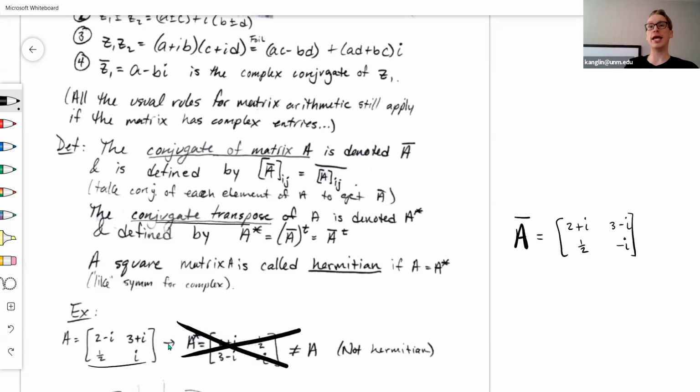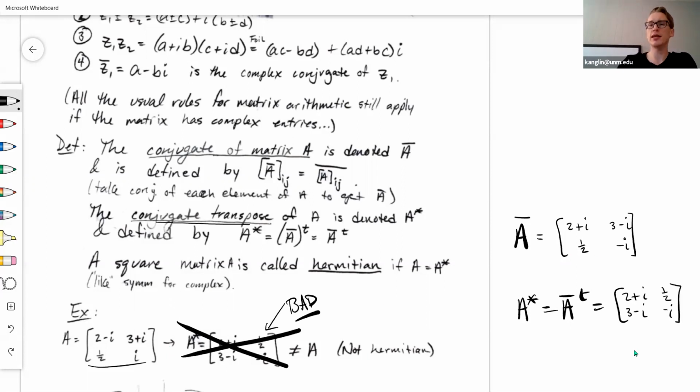Now, in order to take A star, the conjugate transpose, we would take the transpose of that result we just had. That would be A star. Yeah, big mistake here.